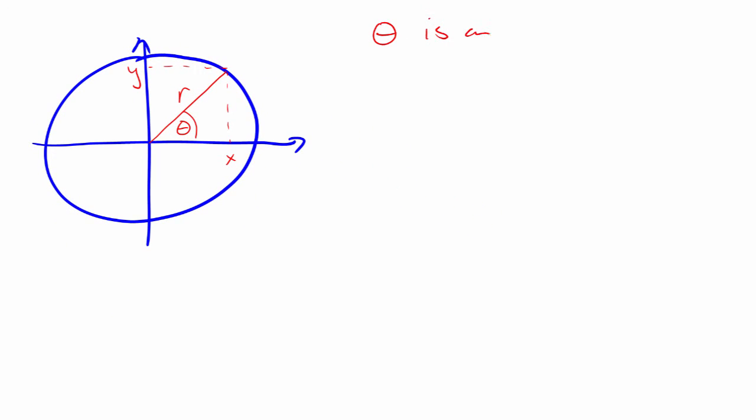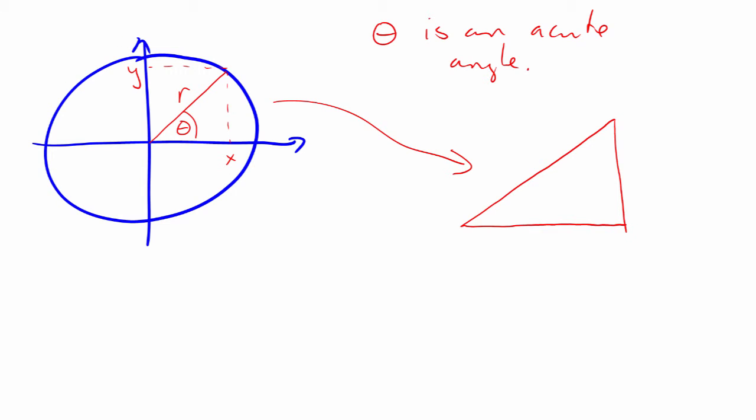Theta is an acute angle. In this case, we're going to take this little triangle and we're just going to look at it in a slightly blown up form. So here it is. Here's this triangle. There's theta. This distance is r. This distance is y. And this distance is x on our diagram here.